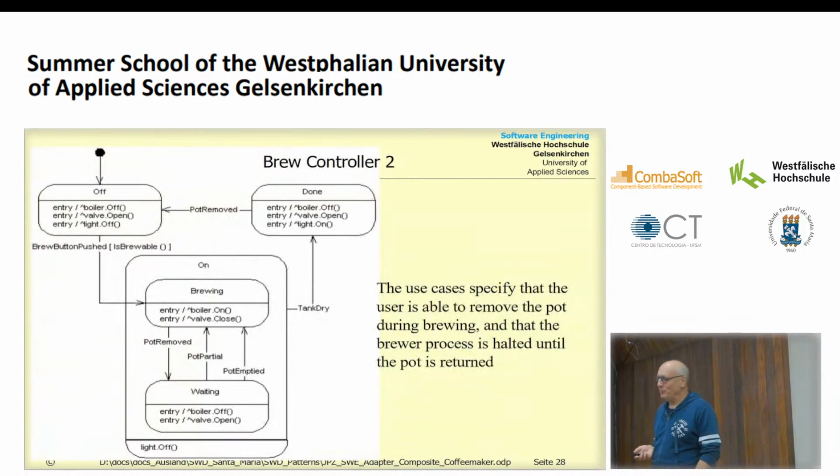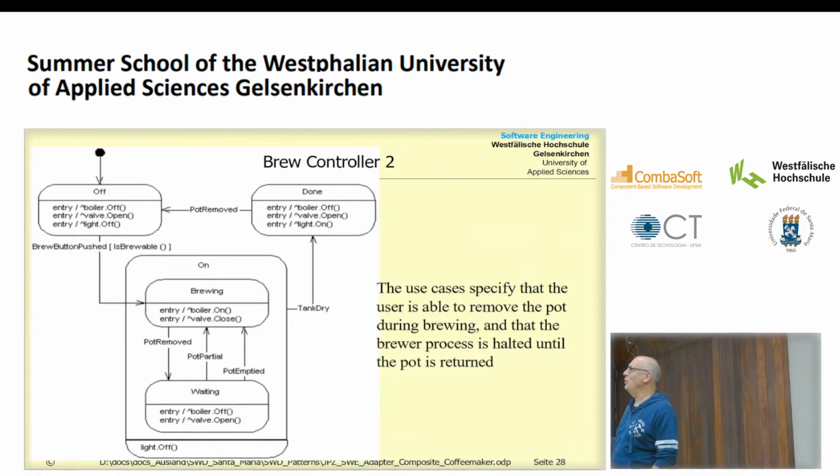Okay, when we have the brewing process, we know that the pot can be removed, so we have to model it. So inside the brewing process, when the system is on, we have a brewing process and we remove the pot. And it goes into the waiting state. Put the boiler off and the valve will be opened. Then two things can happen.